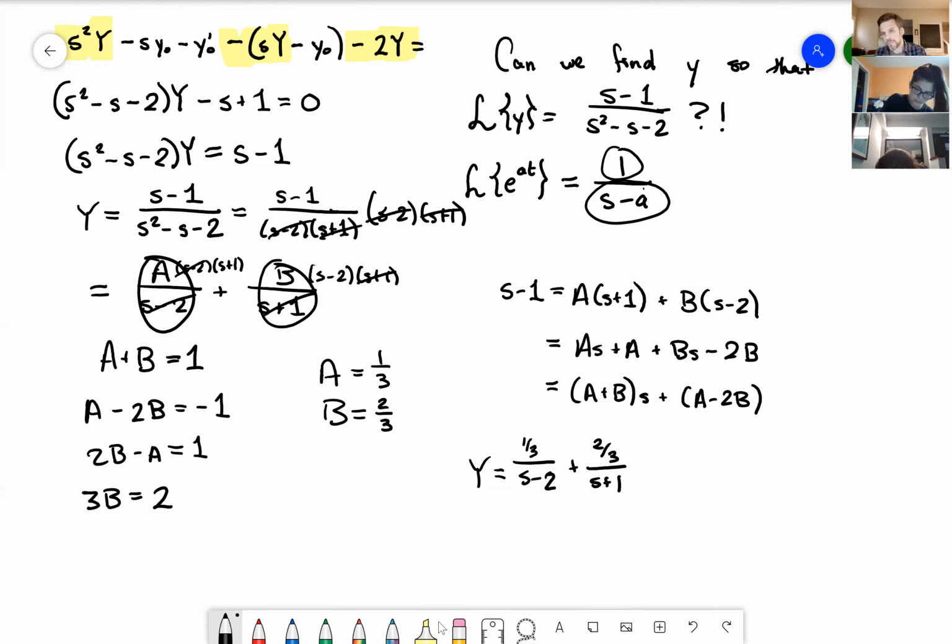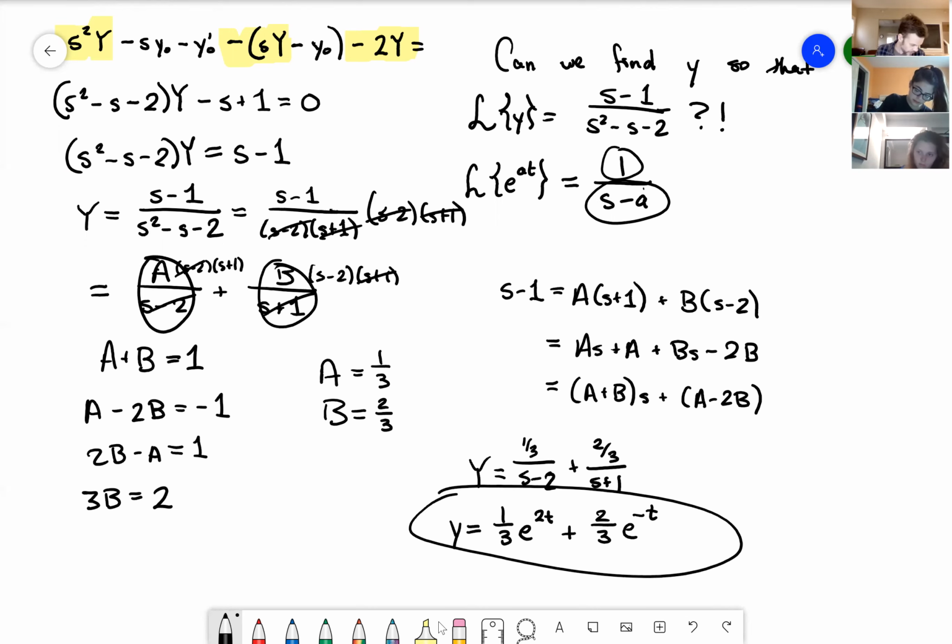And so what I get from this is that y is exactly what we would need if we were trying to get this as our y: 1/3 times e to the 2t, because when we take the Laplace transform of that, we'll get 1/3 times 1 over s minus 2. And the same thing for 2/3 e to the minus t. Of course, we get the same solution.